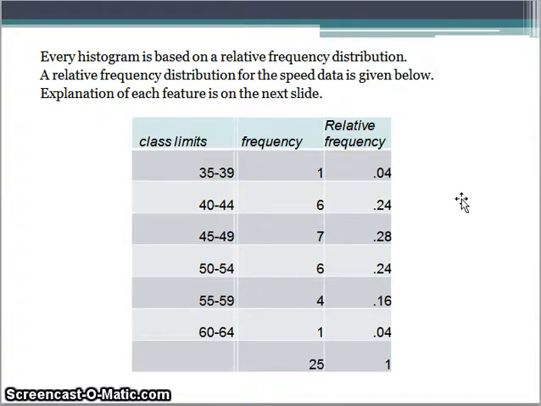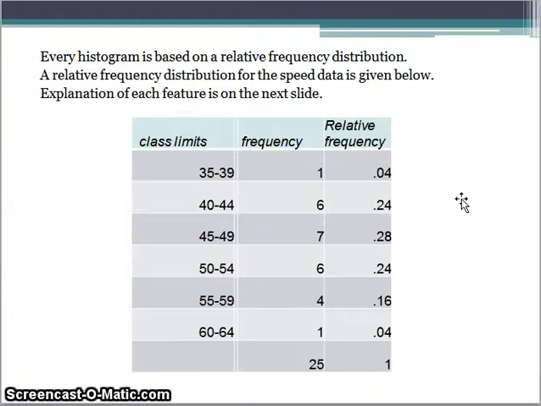For our purposes, I will tell you two things when I want you to make a distribution. I will tell you the lower limit, which in this case would be 35, and I'll tell you the class width, which in this case would be 5.